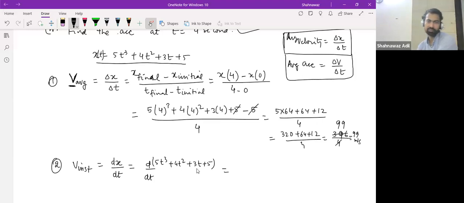You guys calculate and tell me. 10t square plus 4t plus 3. 15t square plus 40 plus 3.